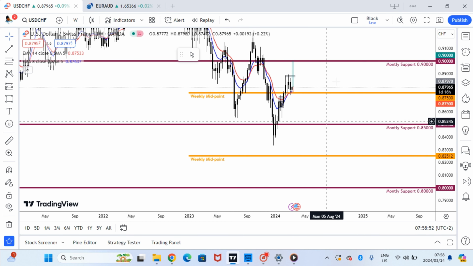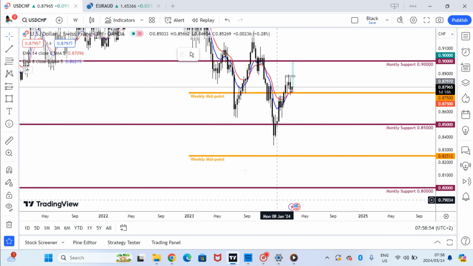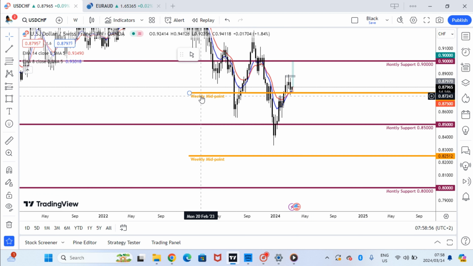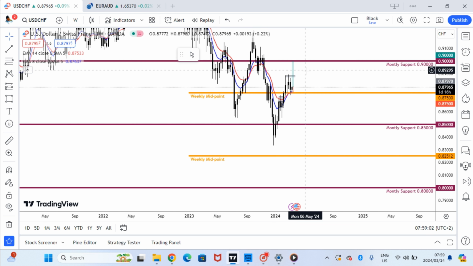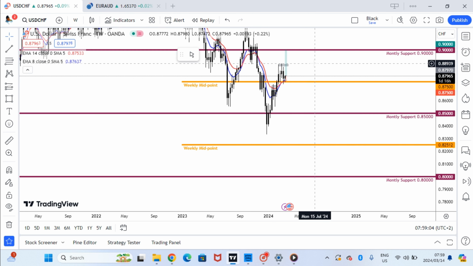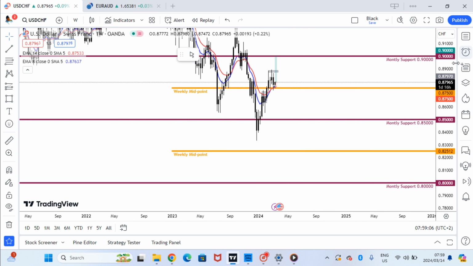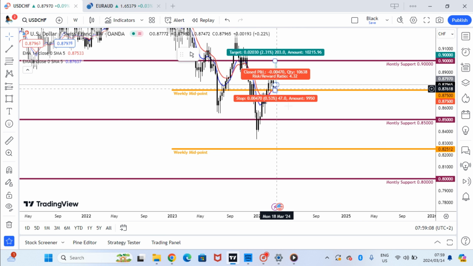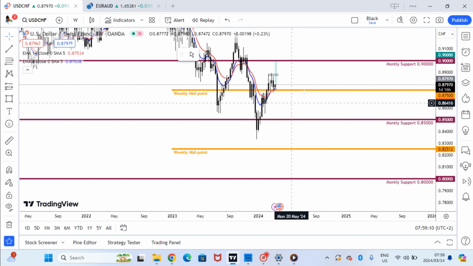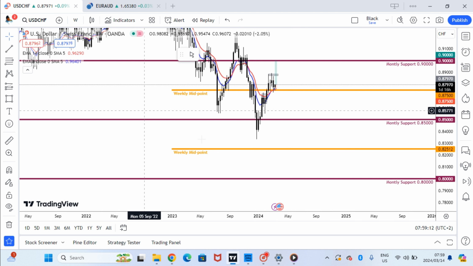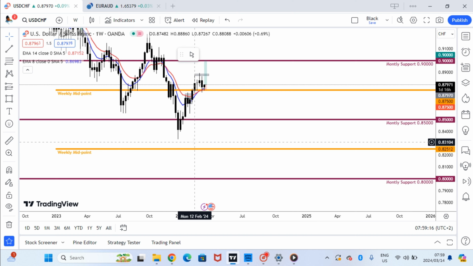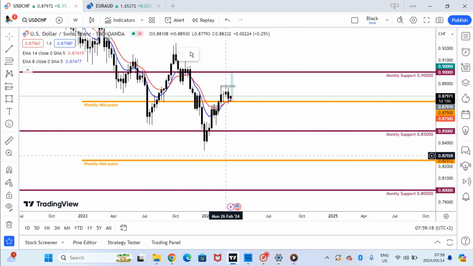And now once you've marked down the monthly support, you hit with the weekly midpoint. So that's half of all of these, right? You hit them with the half. So after you've done that, I now look at the chart itself. I don't focus too far back, so I like to zoom in a little to focus on what's currently in my zones.